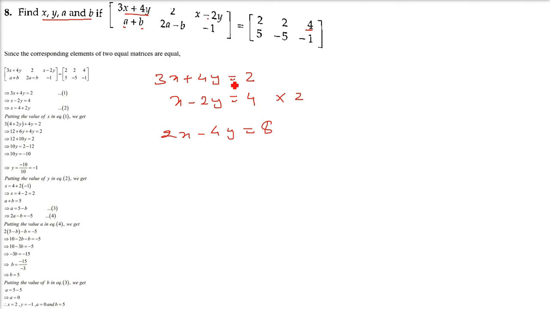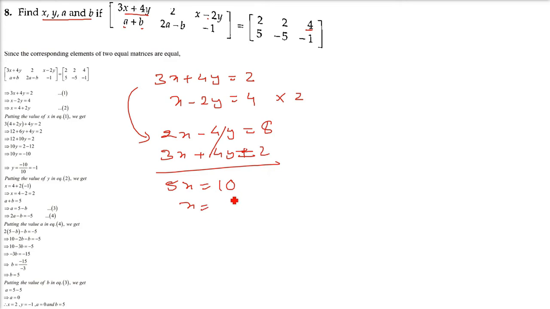Now take this here, 3x plus 4y equals 2. Add both equations, negative positive cancels. 3x plus 2x is 5x, 8 plus 2 is 10, x is 10 by 5, that is going to be 2.